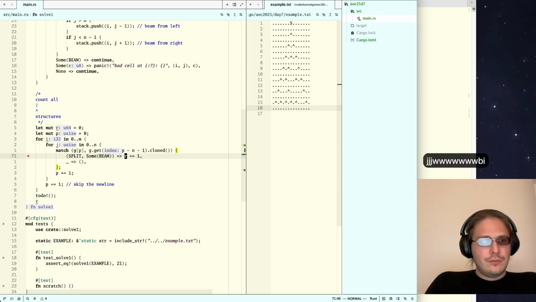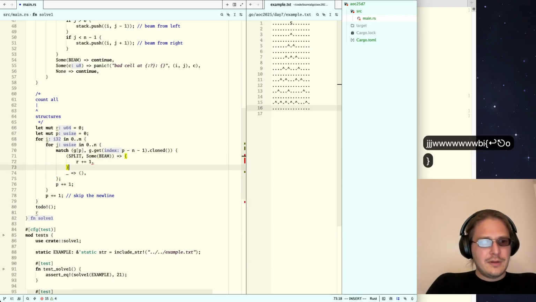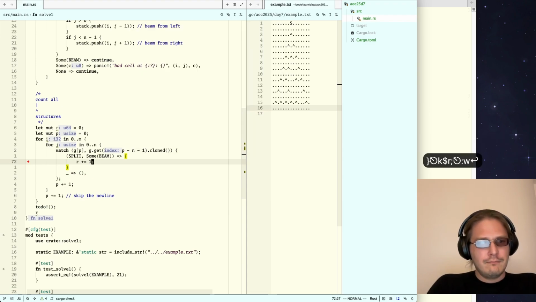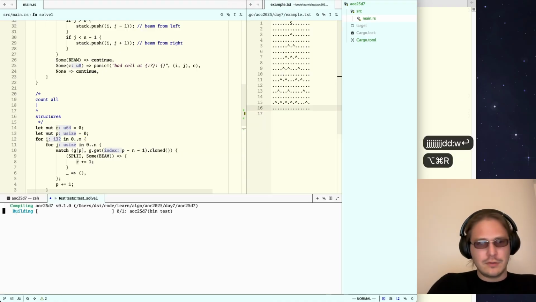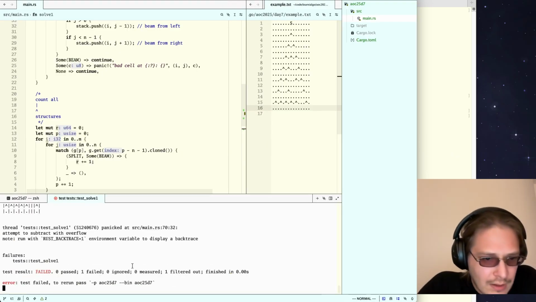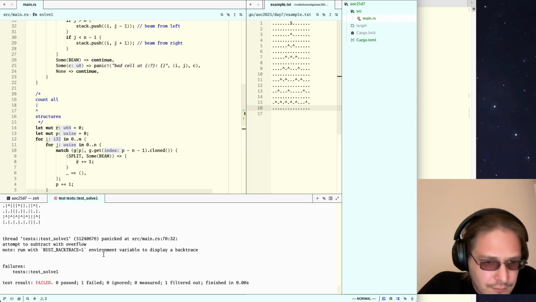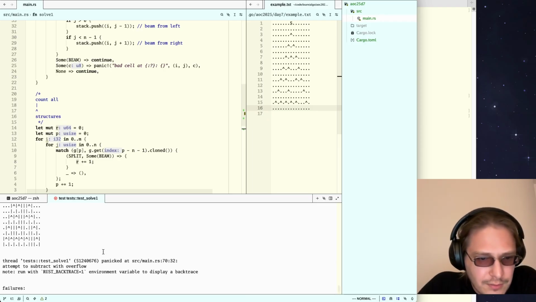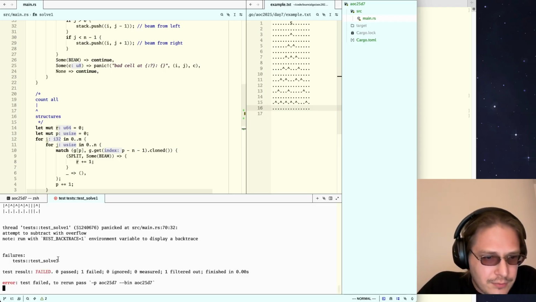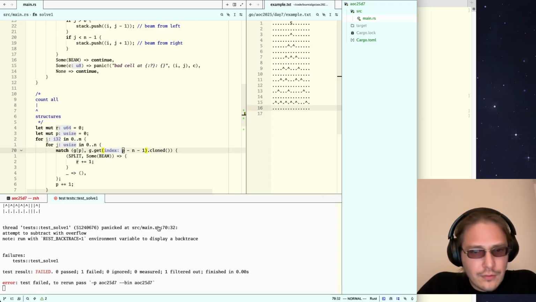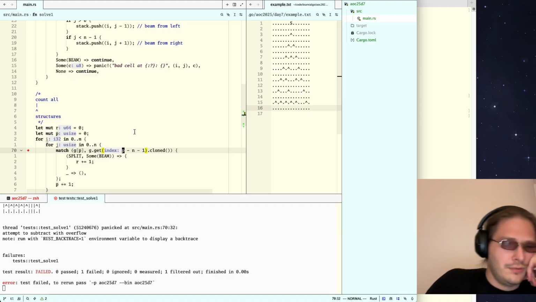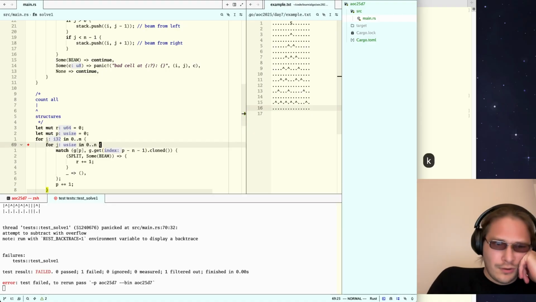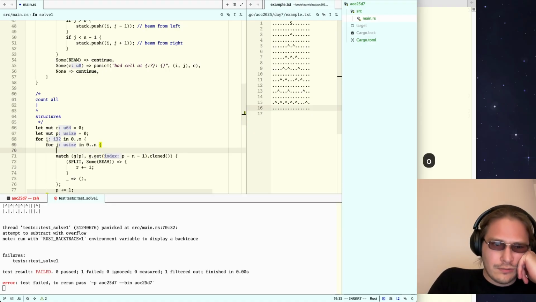And let's also say something like no, let's just see if it works. It doesn't. Yay, now we have to debug. Attempt to subtract with overflow here. Oh, yes.